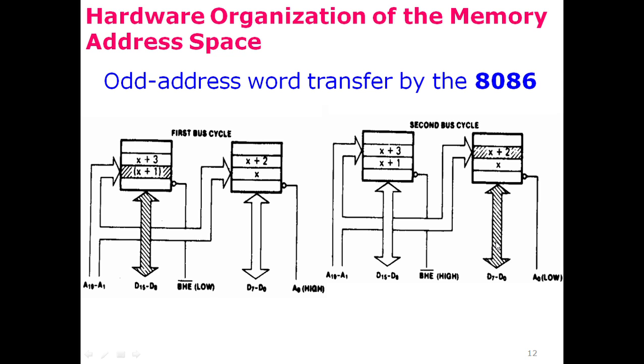So the next byte in the next bus cycle is transferred from the low bank. In this example, 16-bit data was transferred, but the address started or landed in the odd bank. To make this kind of operation possible, the first byte is read from the high bank, while the second byte is read from the low bank, and this kind of read or write operation is possible in 2 bus cycles.